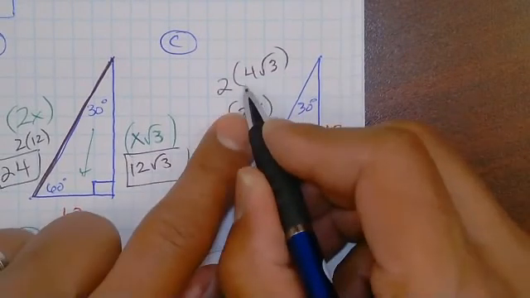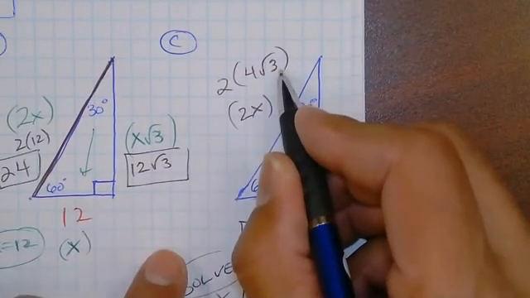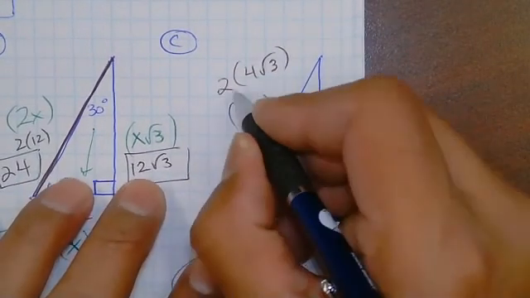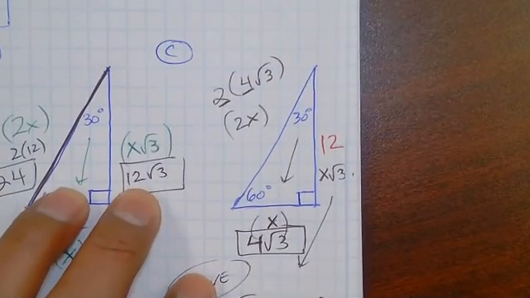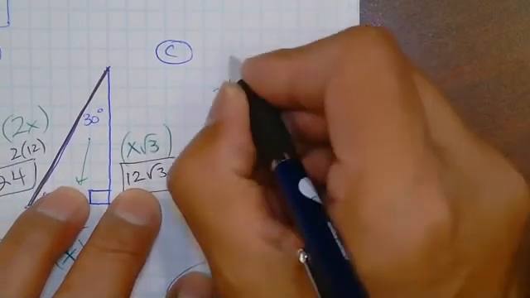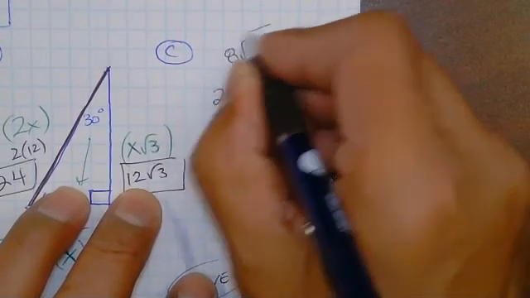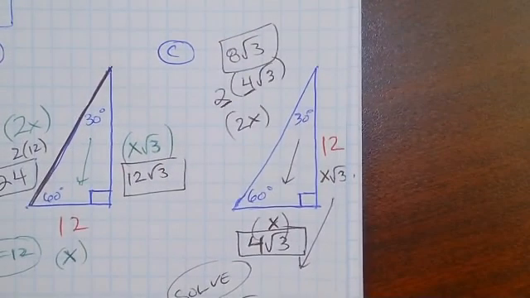What do you get when you multiply 2 times 4 root 3? 8 radical 3. You just multiply the whole numbers. So that's it. This one would be 8 root 3.